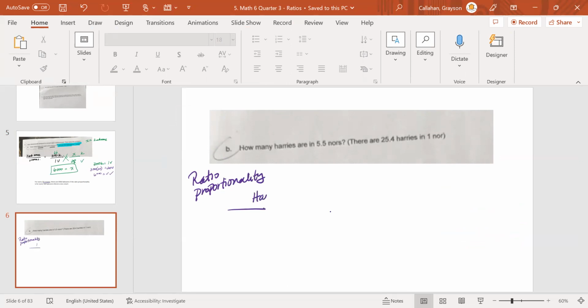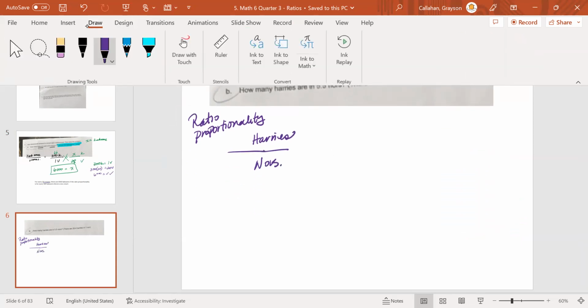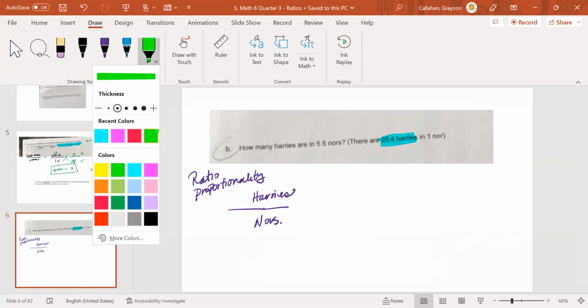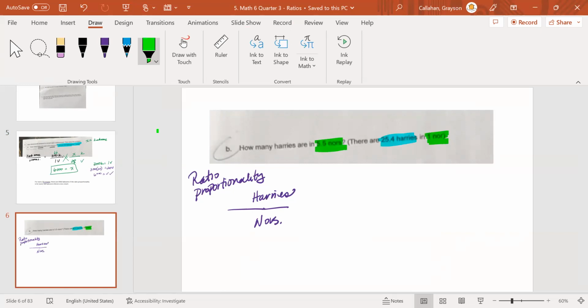I'm going to do Harrys on top and Nors on the bottom. Obviously, they first gave you this part right here: there are 25.4 Harrys for 1 Nor. Do you see how I'm color coding them? And it's asking you how many Harrys, so that's the part you need to figure out.